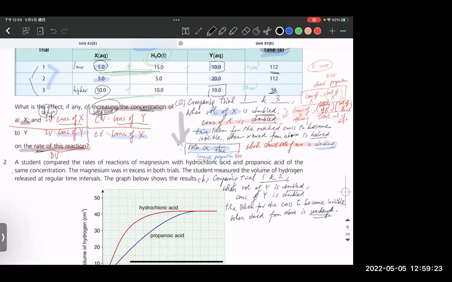So what is the relationship? How does it affect the rate? As you know, the rate is inversely proportional to the time taken, right? So what is the conclusion?